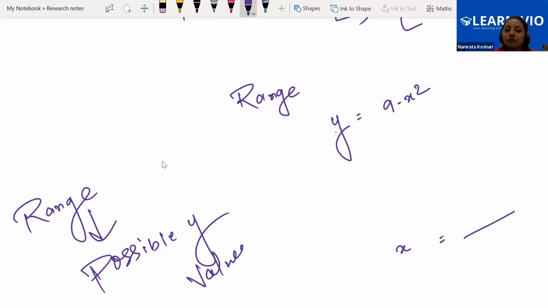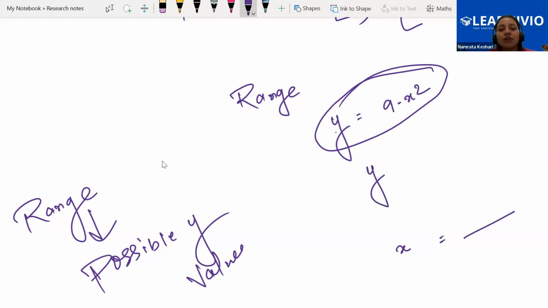From here, the possible y value is not that simple. But when we change the representation of this equation, it was y square is equal to 9 minus x square.